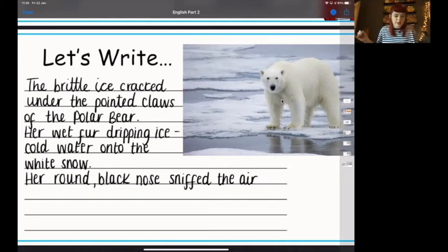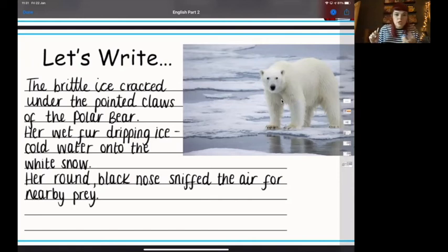And what is she trying to smell out? She's trying to smell her nearby prey. So if prey is my noun, I'm describing it by saying it's nearby, okay? Her round black nose sniffed the air for nearby prey. Fantastic.